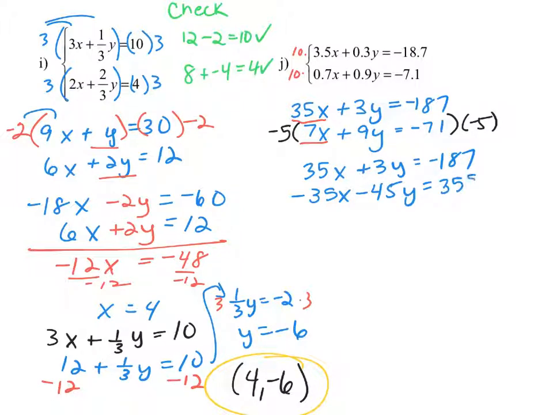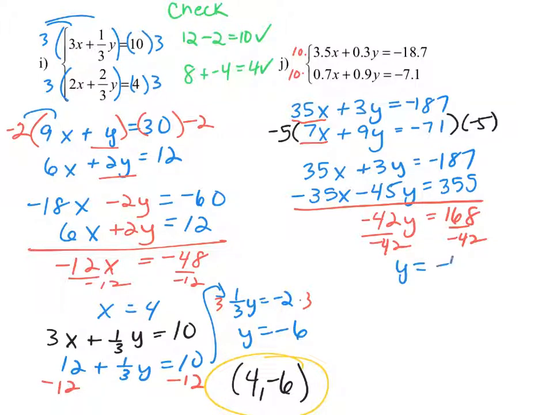I meant to say negative 71 times negative 5 there. Now we can add these equations together, and the x terms are opposites. The y terms, 3y minus 45y is a negative 42y, and the negative 187 plus 355 is 168. Now we can divide by negative 42, and we get y is equal to negative 4.